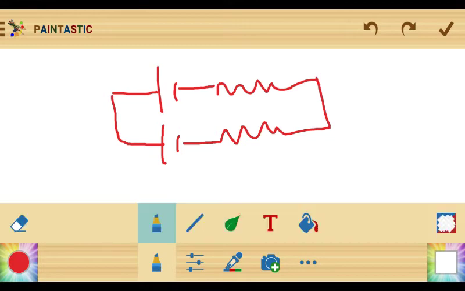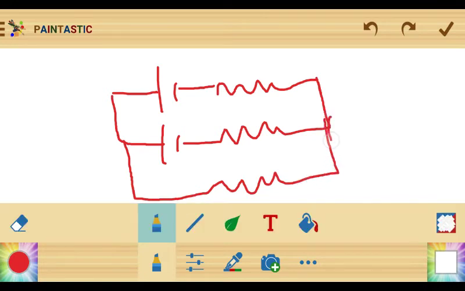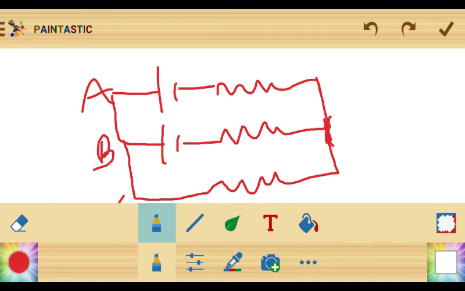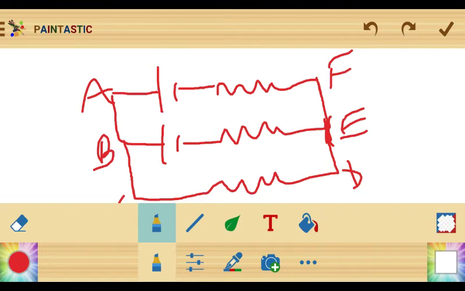Circuit complete, and then one more resistor connected, and then it is connected. Okay. So let's name it. First of all, how to name it? This point is A, this is B, this is C, this is D, this is E, and this is F. Okay, now we have named it.